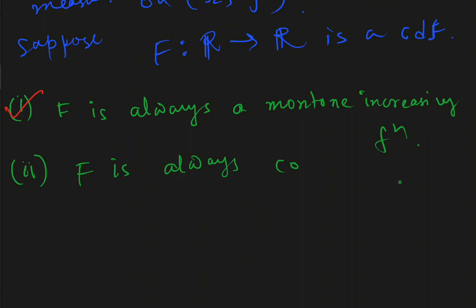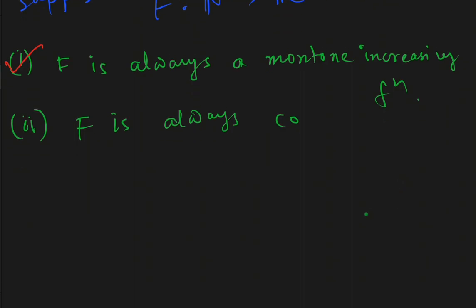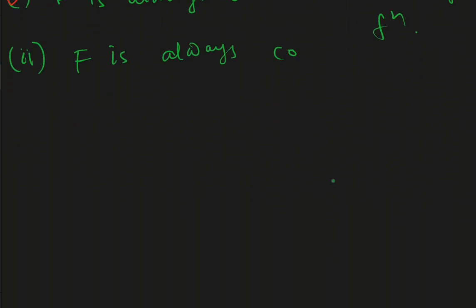A CDF should be monotone increasing, because suppose this type of function can be a CDF, right? Here you will see that it is not strictly increasing. It is actually less than or equal, as you are suggesting. So you are right that it is monotone.